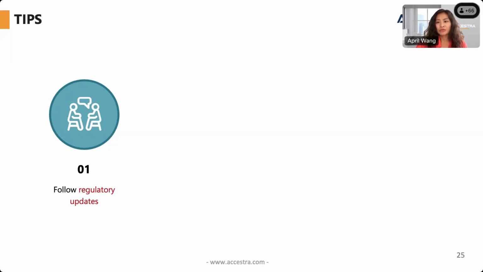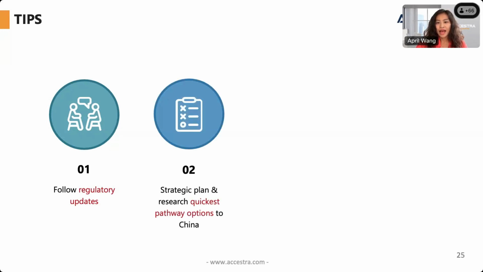So keep a close eye on these developments. Secondly, have a strategic plan and research the fastest pathway options to China, as it's important to understand the pros and cons of different routes to the market and adapt your market access strategies in China accordingly.